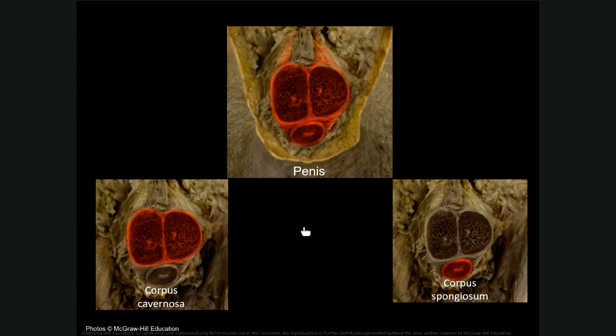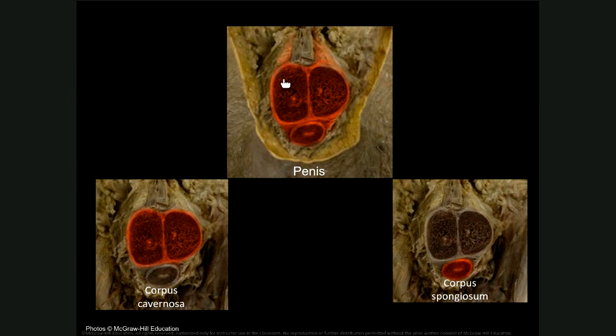So imagine the penile shaft on a cross section. You will see two corpora cavernosa, and then you will see one corpus spongiosum. And again, the corpus spongiosum has the urethra in it. What happens during erection is this corpus cavernosum gets filled with blood.